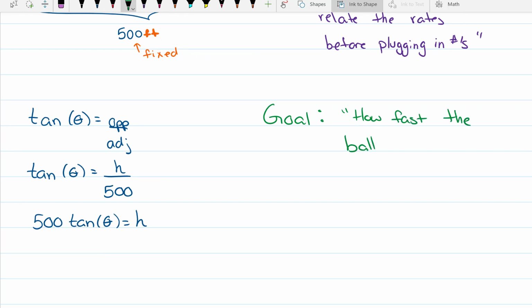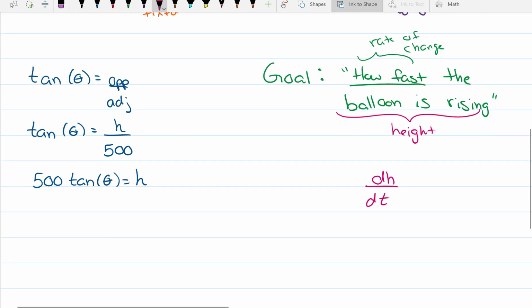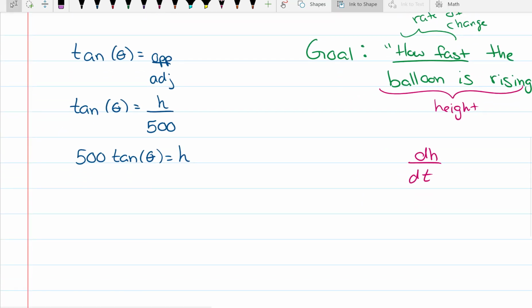This term, how fast, means rate of change. And we know that this is the height. So what we're really looking for is dH dt. So here I've got theta and I've got height. We need to take the derivative of both sides with respect to t.